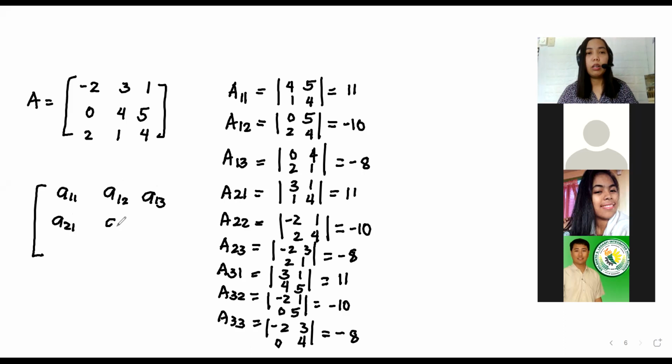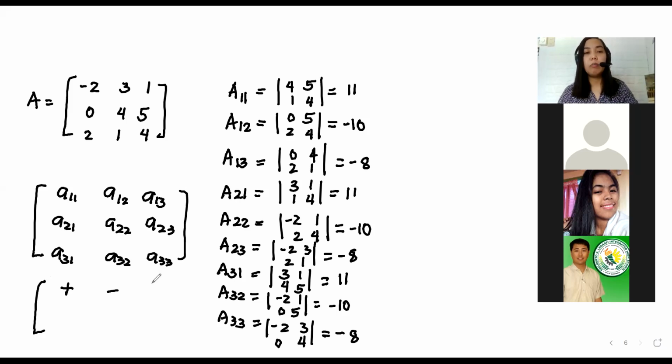So A22, A23, A31, A32, A33. Kaya tayo class nag-come up sa positive, negative, positive, kasi when you add this even number, your answer is positive. If the sum is even. 1 plus 2, it's 3, it's odd, therefore it's negative. Alternate.